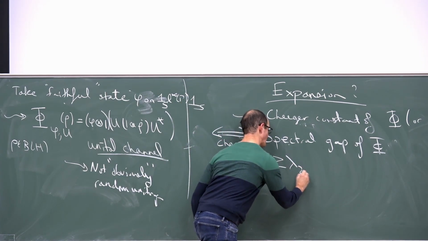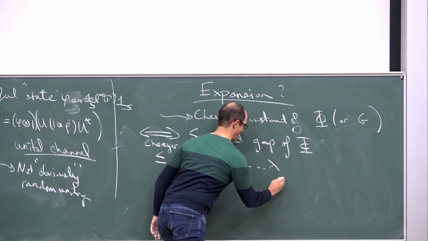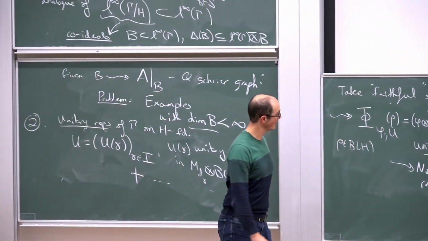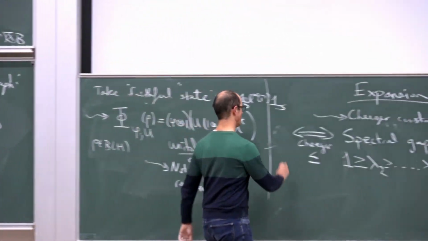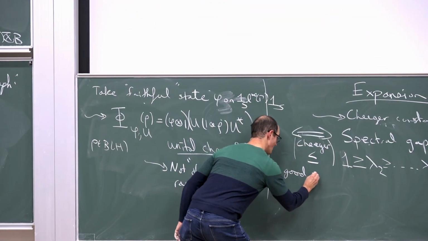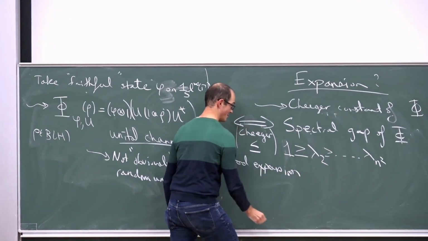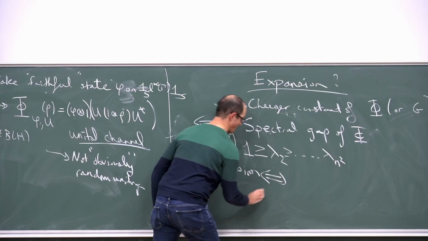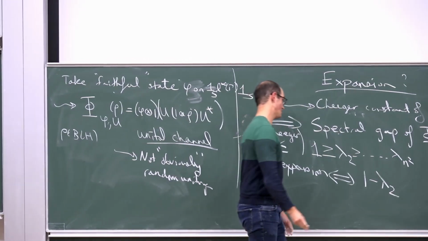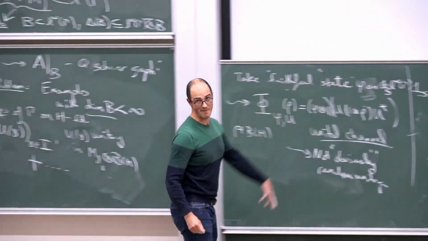And then we have a next smallest eigenvalue, lambda 2, and all the way down to, let's say, lambda n squared if it's a channel on Mn. Cheeger inequality says that good expansion is really equivalent to saying that 1 minus lambda 2 is bigger than 0. Now this is a vague statement.